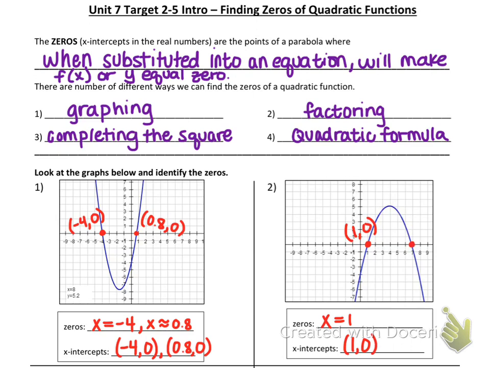Our second is not quite at 7, so we're going to have (6.9, 0). Because we're not exactly sure if it's at 6.9, we're going to say our zero is x is approximately 6.9, which makes its x-intercept (6.9, 0).